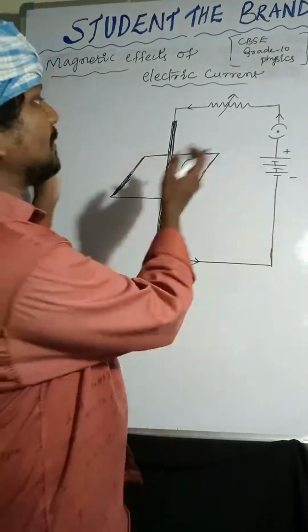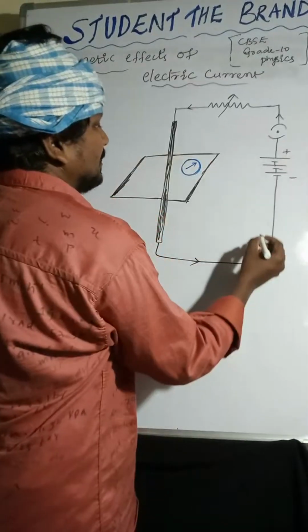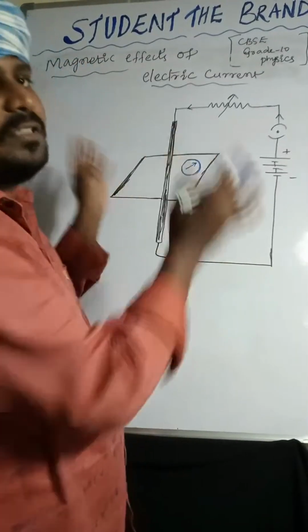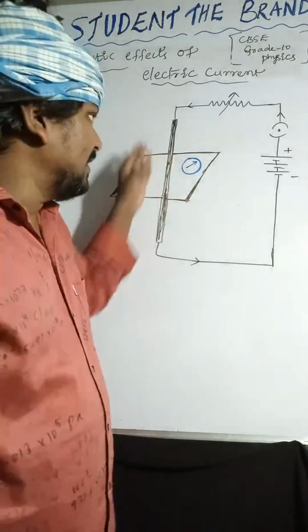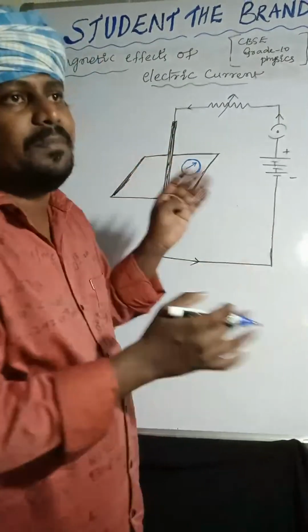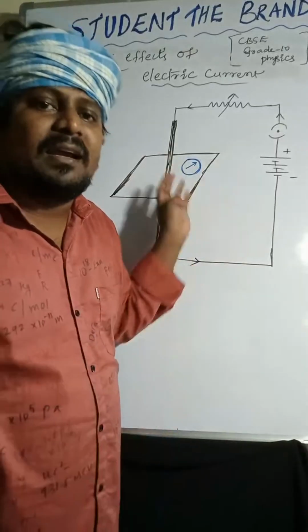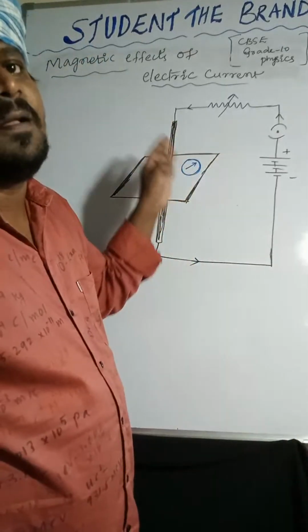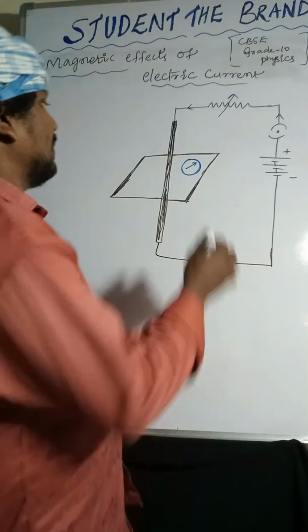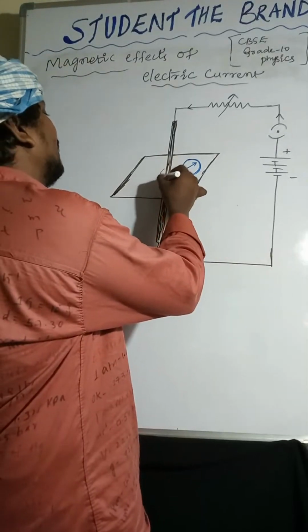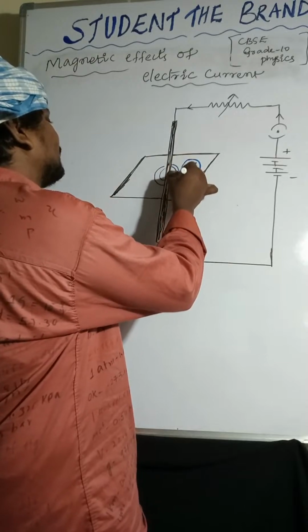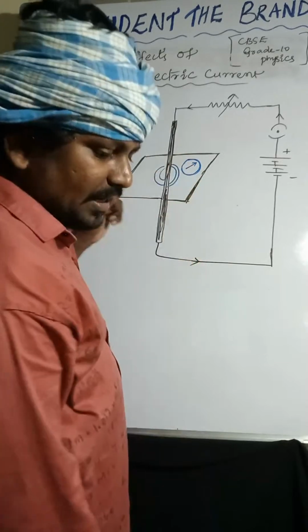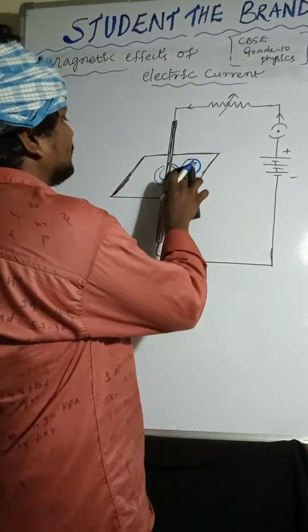When the current is passing through the conductor, the compass shows a deflection automatically. By that, we can understand that a magnetic field will be there around the conductor. So around the conductor, a magnetic field will be there.